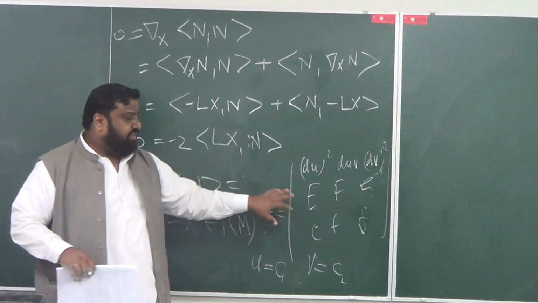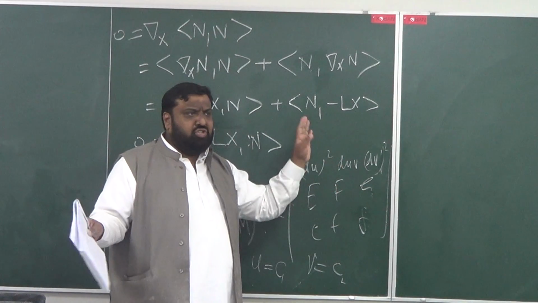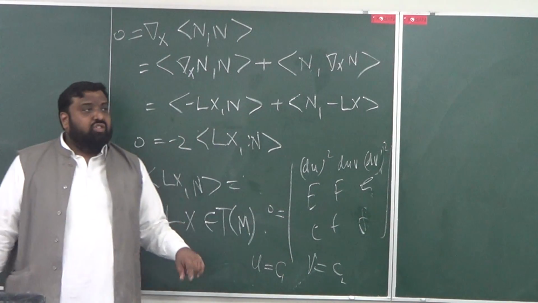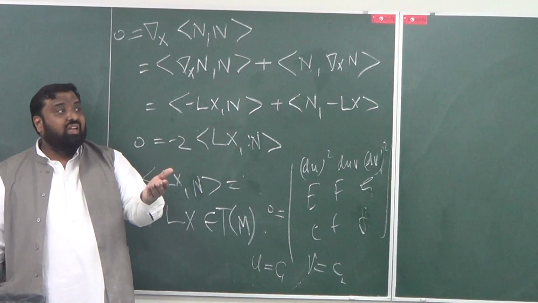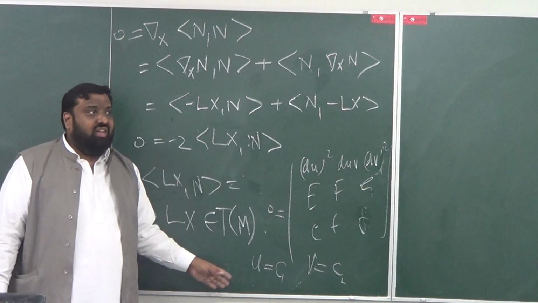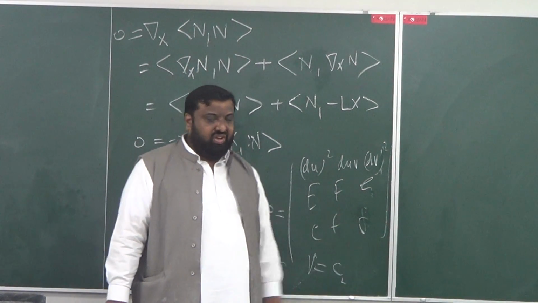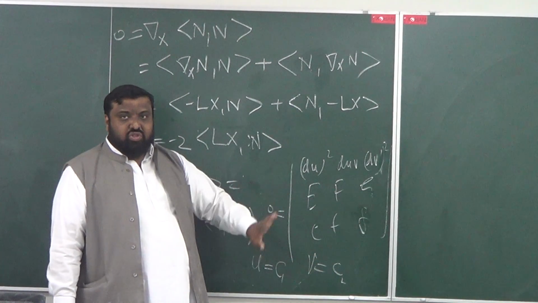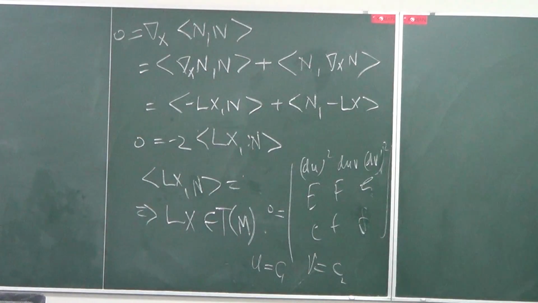Just think about it. If all these are numbers, you only remain with an expression in terms of u's and v's, which can be manipulated and solved. So when you say that from any direction, this direction is the principal direction, and this is another principal direction in which the normal curvature is going to be maximum or minimum.